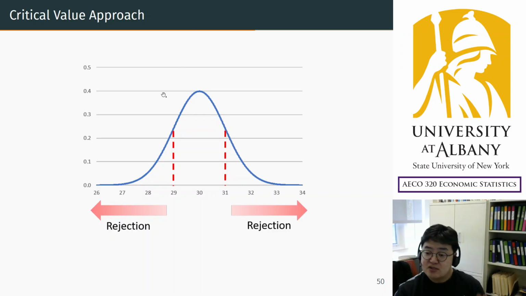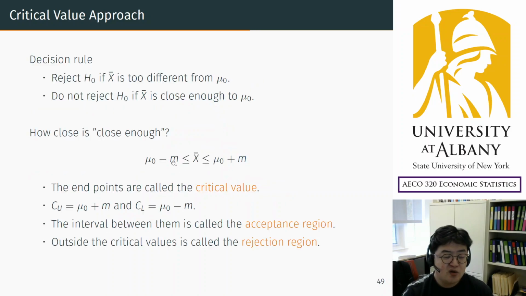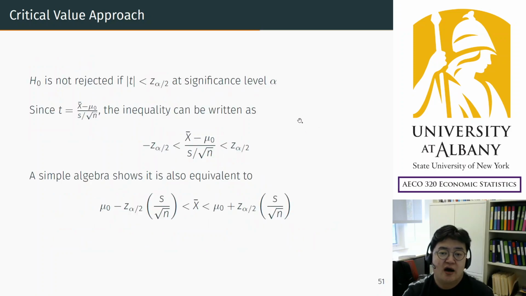Okay? So this is intuitive. And then the problem is how to calculate this m, how much buffer we need to accept our null hypothesis. That depends on the significance level again.